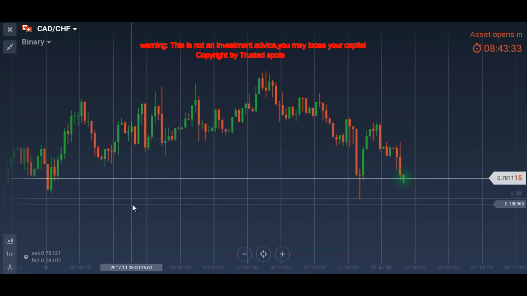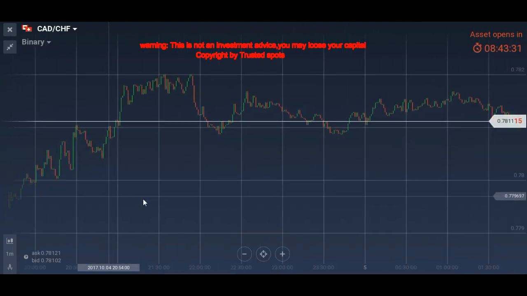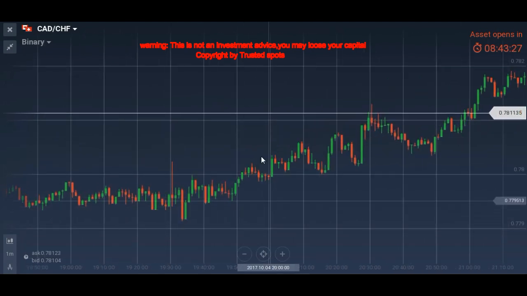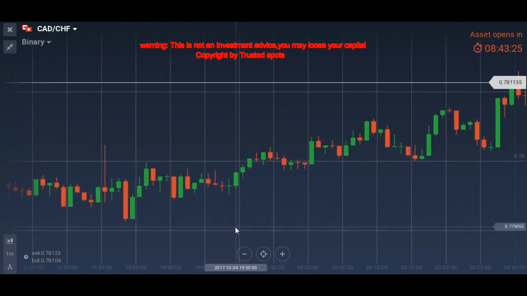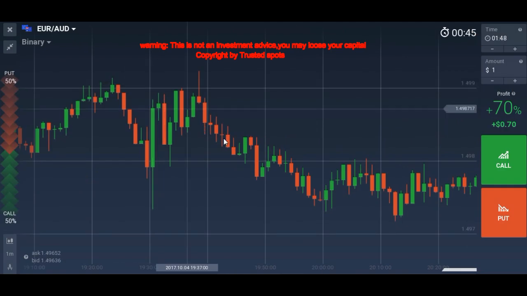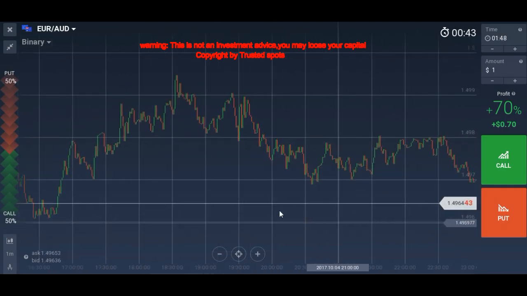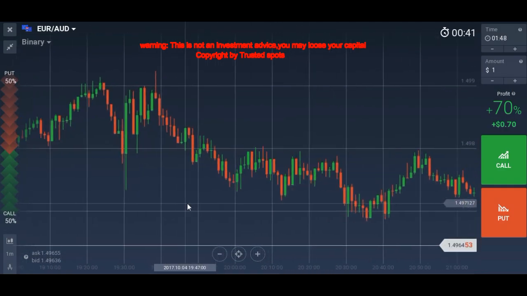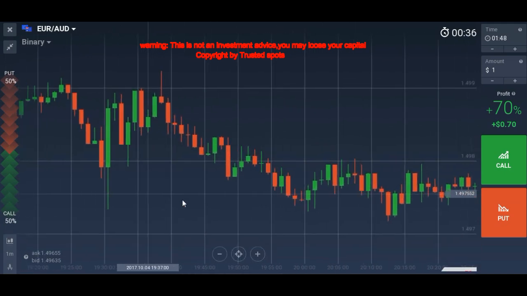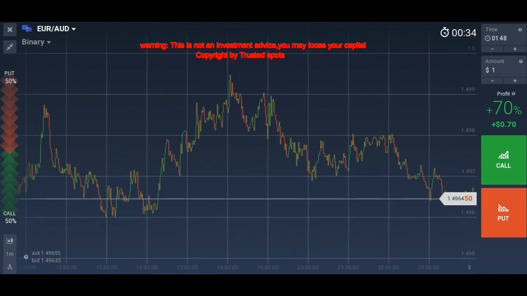First of all, I will select the best time for trading, and this is GMT 13. But this chart is quite bad as there are so many wicks, so let me change to another, and we are at the same, so many wicks, so it is not a good chart.